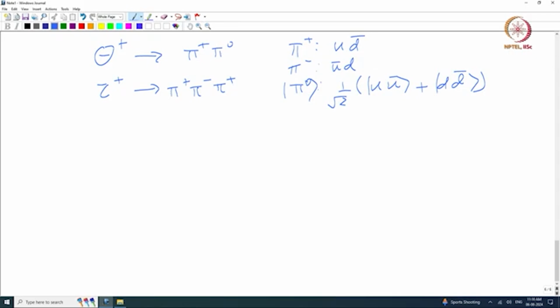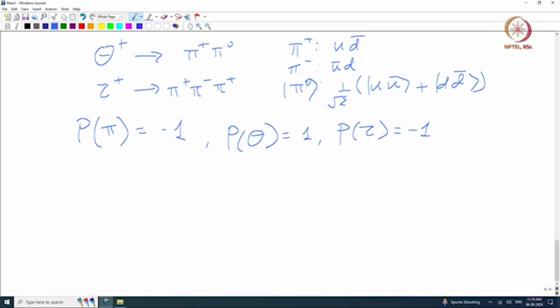Now it was known already that the pion carried an intrinsic parity of -1. And parity is a quantum number that you multiply, so that meant that the intrinsic parity of the theta was 1 because it's -1 times -1, and the intrinsic parity of the tau was -1 because it's -1 times -1 times -1 on the right hand side.